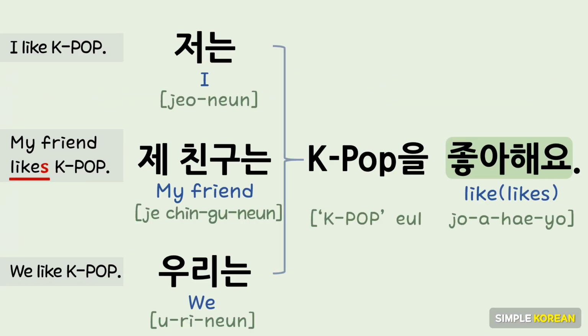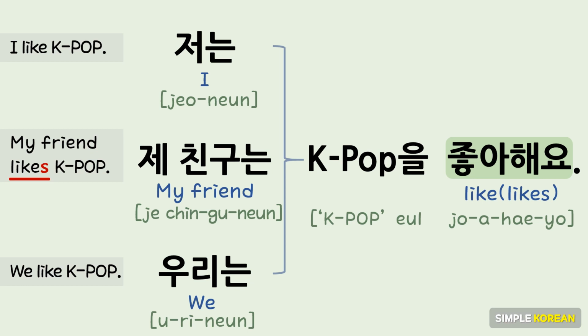저는 K-팝을 좋아해요. I like K-pop. 제 친구는, my friend. The subject is third person singular, so the verb like should be conjugated into likes in English.